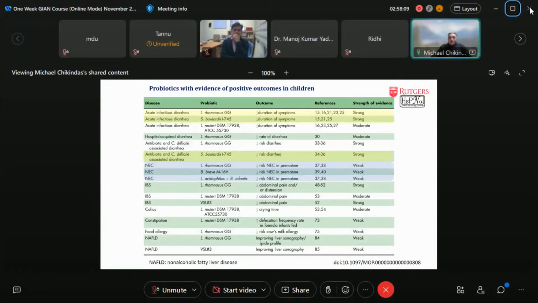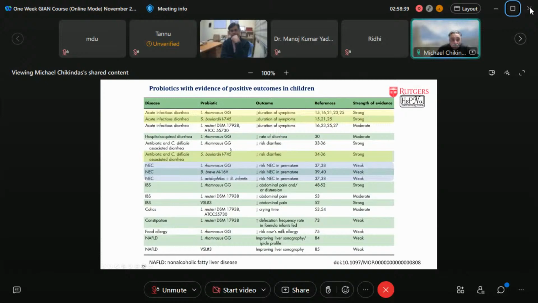Probiotics with evidence of the positive outcomes, and this is where these effects are separated to the weak, strong, and moderate effects. And what we have here is NEC, colitis cases, non-alcoholic fatty liver diseases, diarrhea. So many of these cases will be associated with infections, abnormalities in the functions of the immune system and other organs and tissues.